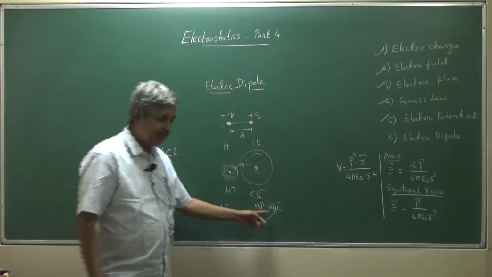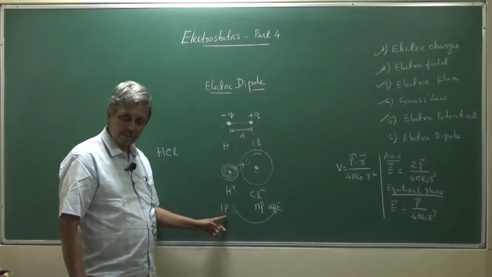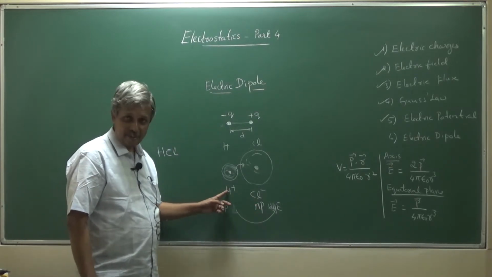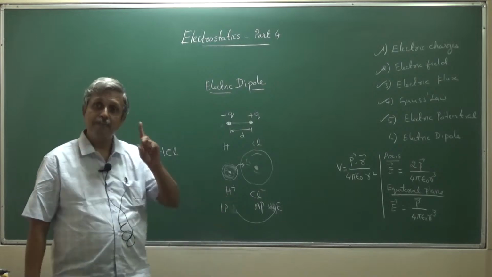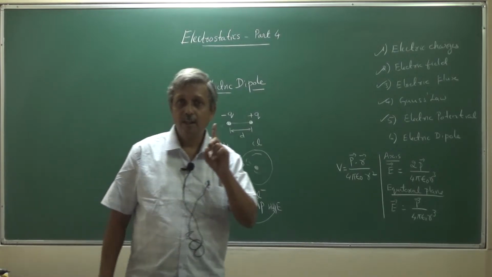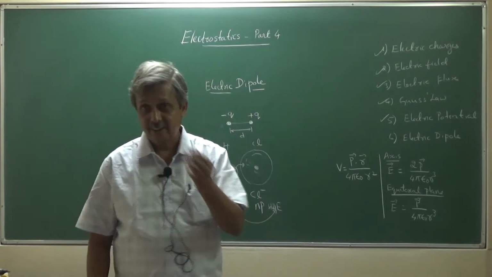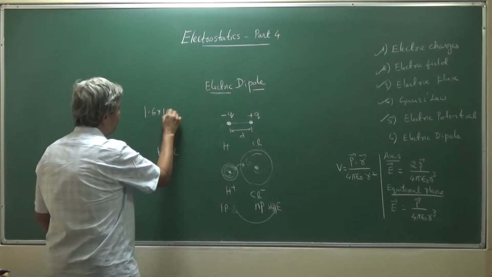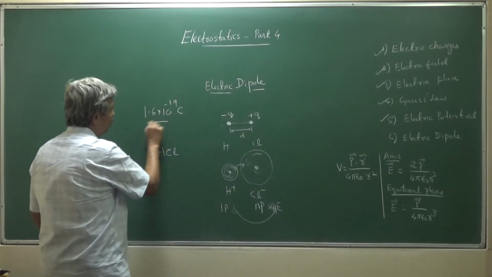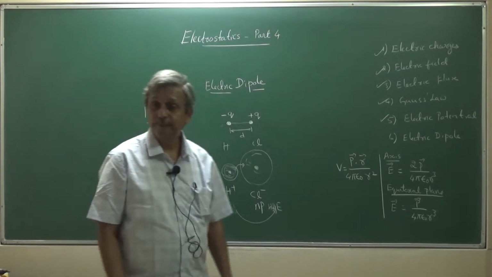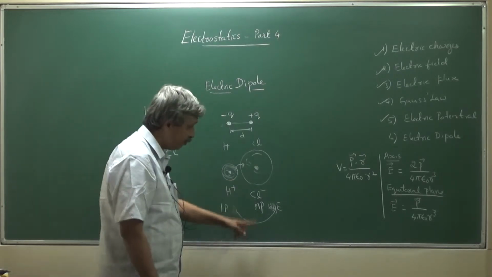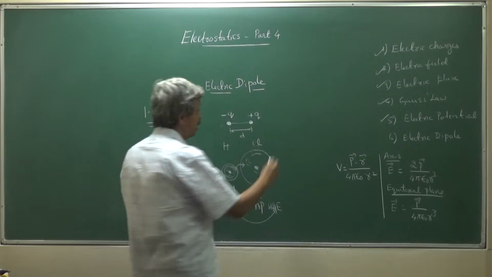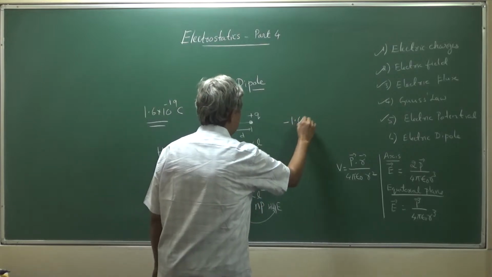Now this one has one less electron, so it has become H plus and its charge is 1 positive. One means how much? The charge of one electron is 1.6 into 10 power minus 19 coulomb. And this one has one extra electron, so this charge becomes minus 1.6 into 10 power minus 19.